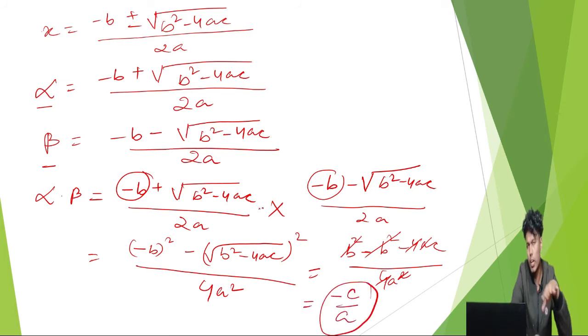When you multiply alpha into beta, it is minus c by a. Do not forget that. So let me write down in the corner: alpha into beta is equal to minus c by a.